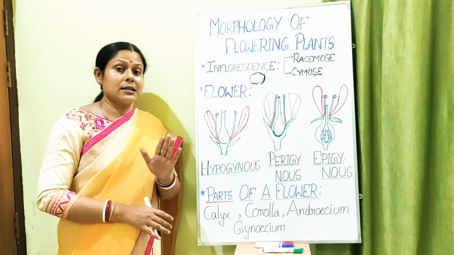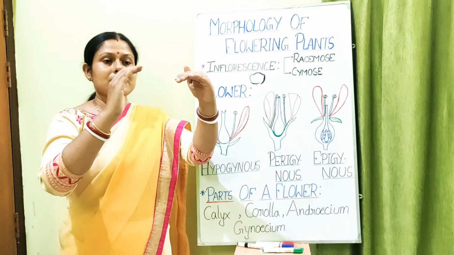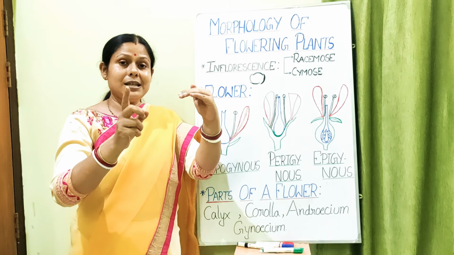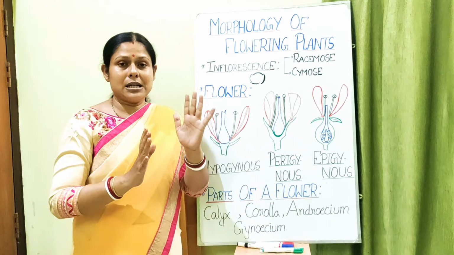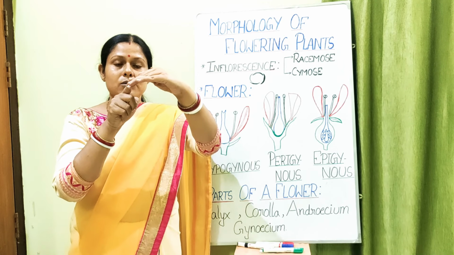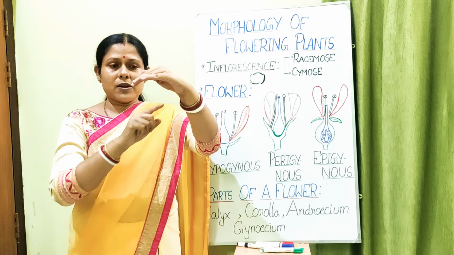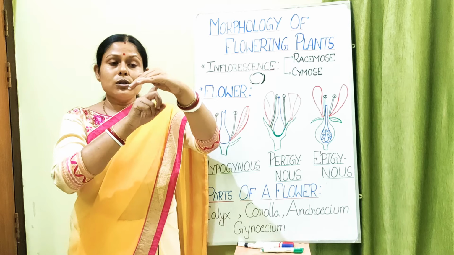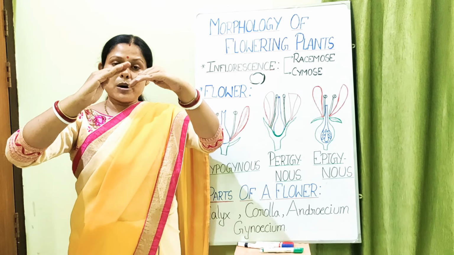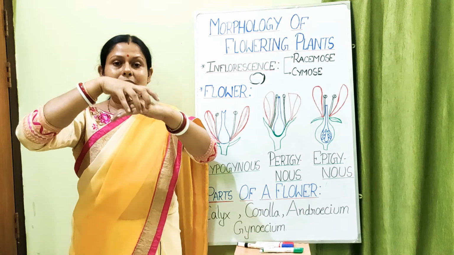Did you understand? Twisted means only if this is one floral member, this is another floral member, it will be overlapping like this. But in case of imbricate aestivation, suppose this is one of the calyx or one of the corolla, then out of all the members, if it is a pentamerous flower, 5 will be there. Out of all the members, one member will be overlapped from both sides, so it will be inward.